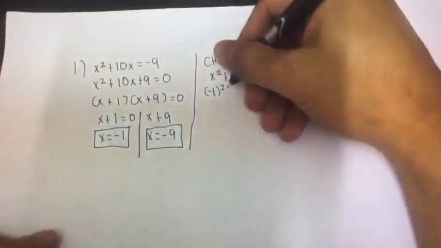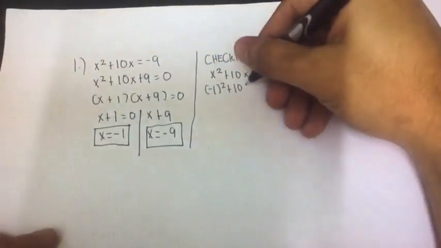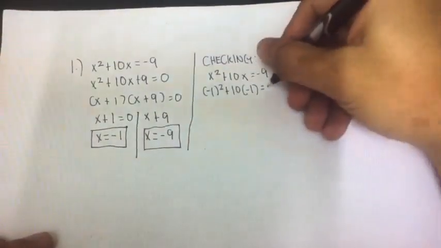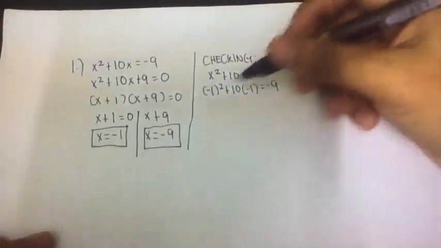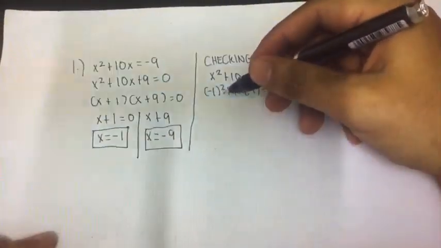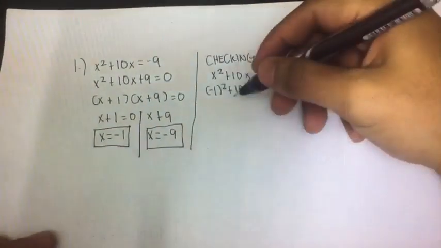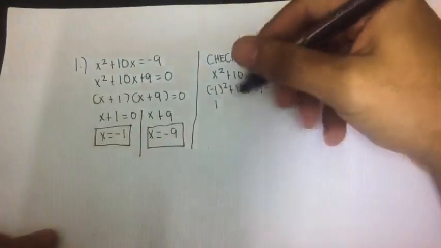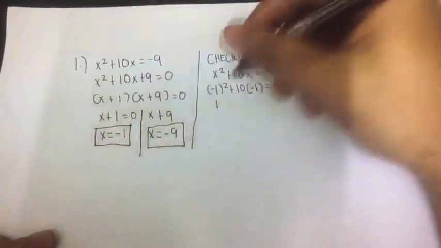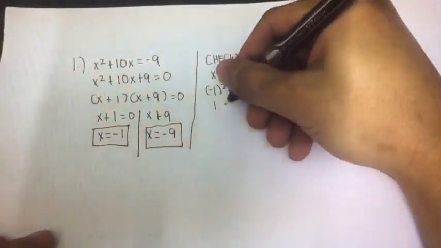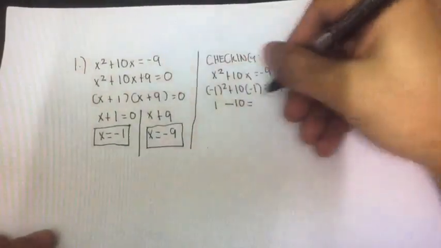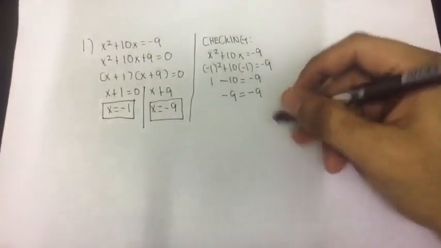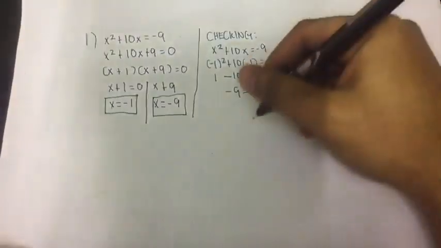Negative 1 squared plus 10 times negative 1 equals negative 9. Negative 1 squared is 1. 10 times negative 1 is negative 10. So we have the same, it means it's correct.